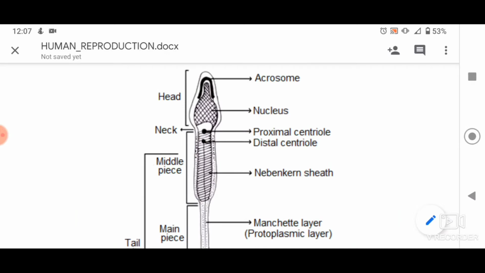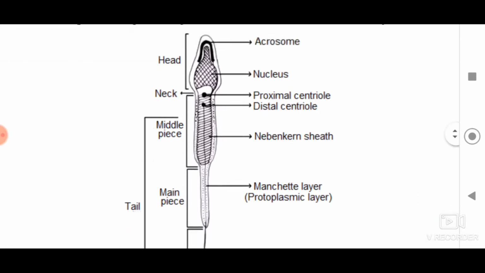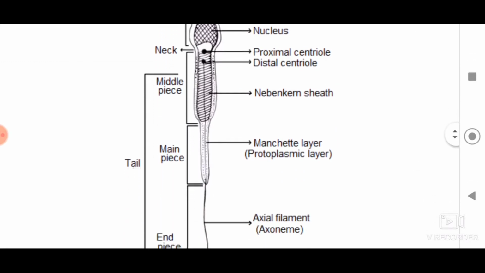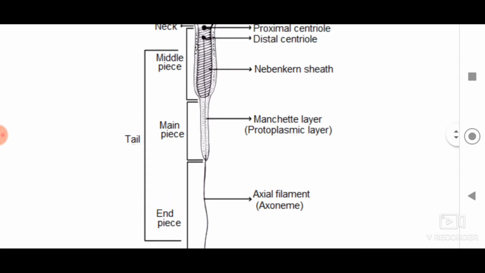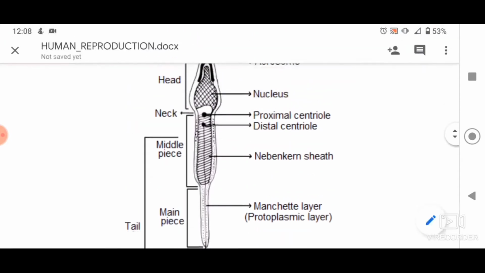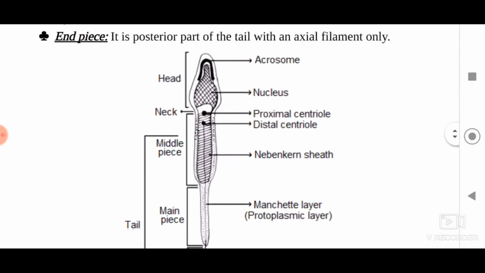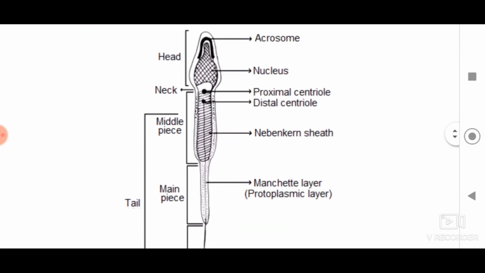As you can see, the head is the largest part of the sperm, and further we have the neck, followed by the middle piece, and then we have the tail. Remember, the middle piece, main piece and end piece together can also be referred to as the tail.